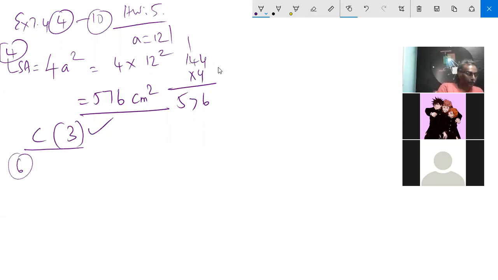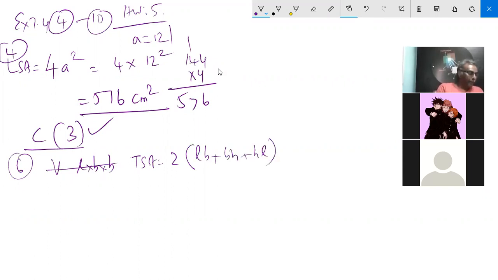Total surface area of a cuboid. L into B into H, that is only volume. So it wants total surface area. TSA is equal to 2 into (LB plus BH plus HL).